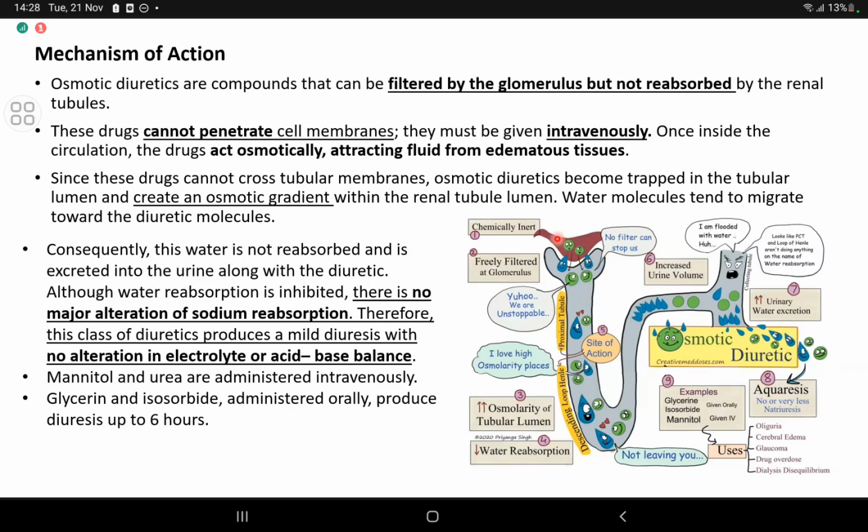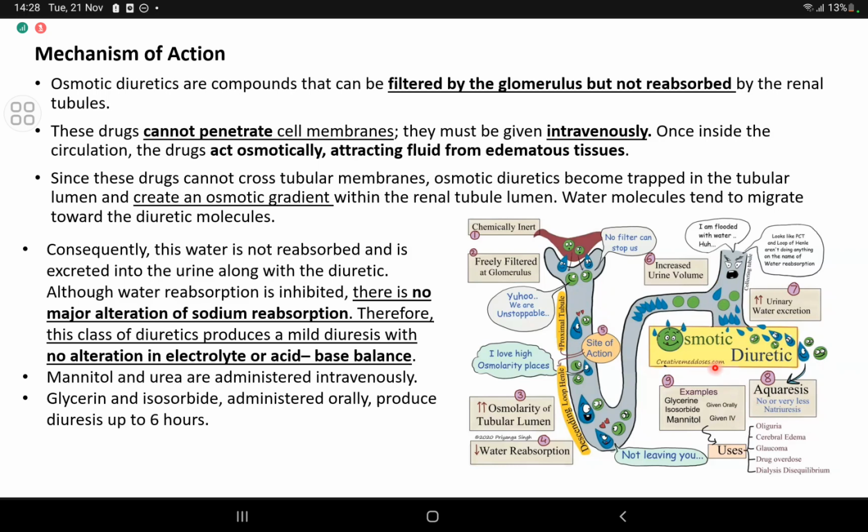Once you give it to the patient, normally it goes to your Bowman's capsule. Once it enters your Bowman's capsule, what will happen? This drug is going to absorb water from your blood vessel into the tubule, and finally the water is going to be excreted out from your collecting duct.